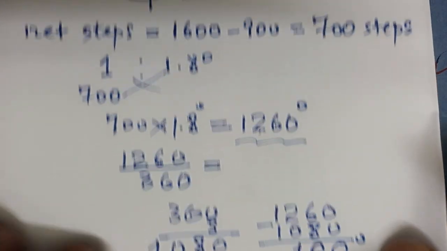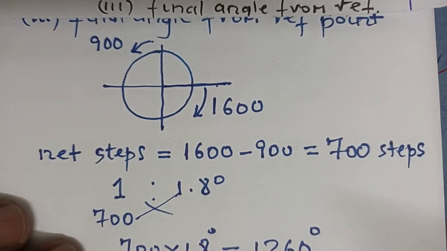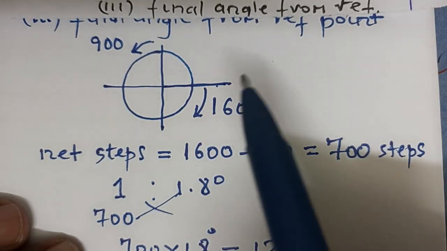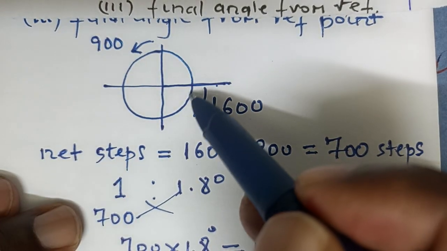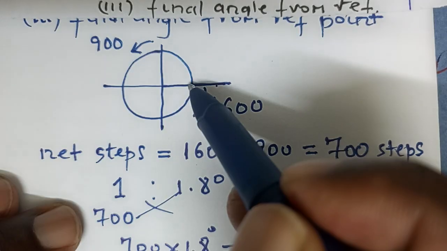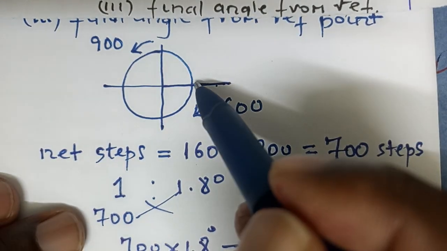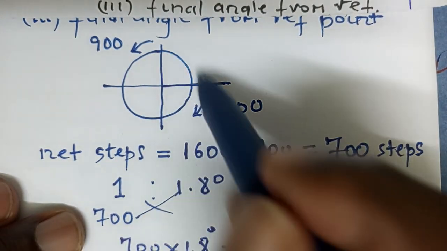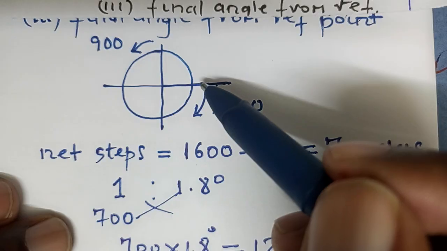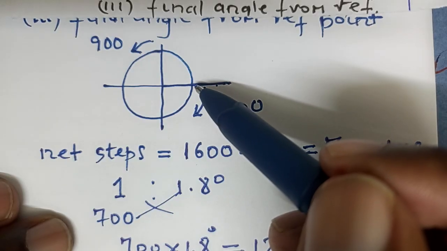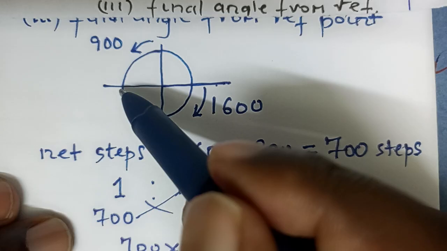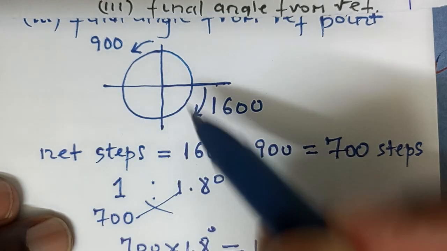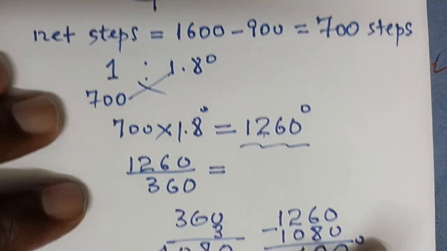And how does that happen? We have seen we have 1260. We go round 360, another 360, another 360, 3 times, then we shall have 1080. The remaining, we take away from 1260, and that remaining gives us 180.